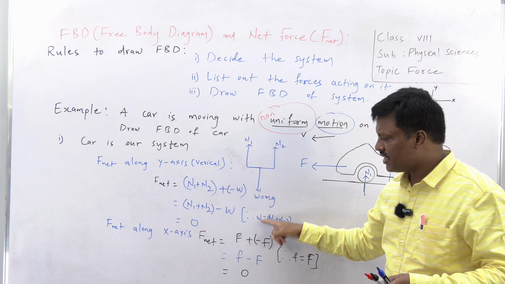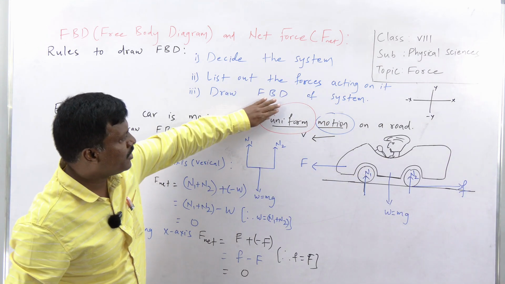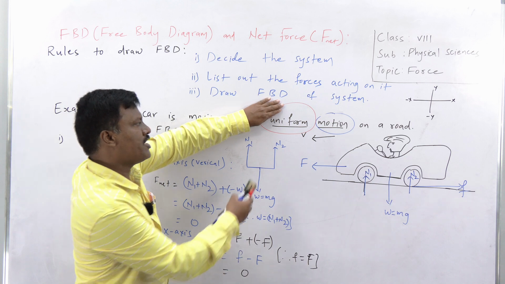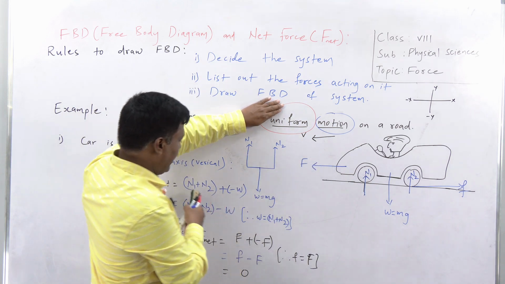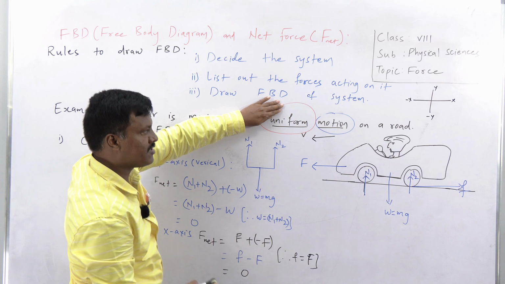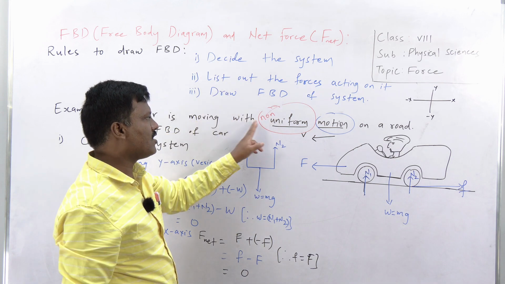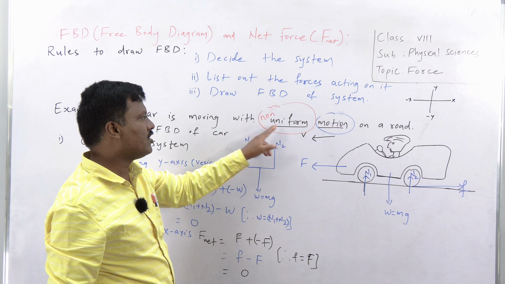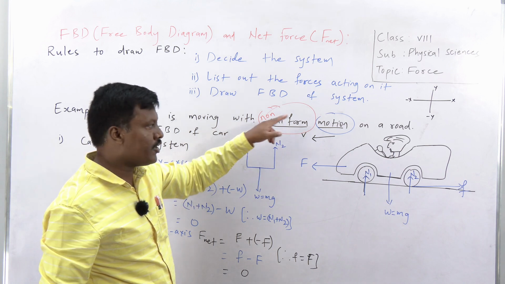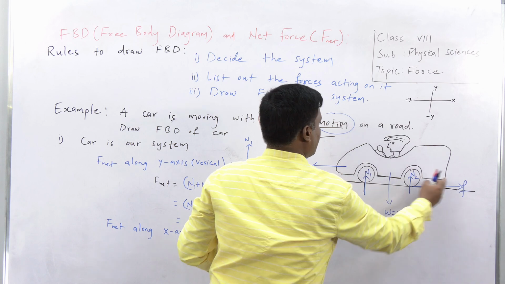Previously we drew the free body diagram for uniform motion. So this is the free body diagram for uniform motion of the car. When the car is moving with uniform motion, net force along the horizontal direction is 0, net force along the vertical direction is also 0. So the car is in an equilibrium state. But when the car is moving with non-uniform motion, these two forces are not balanced.